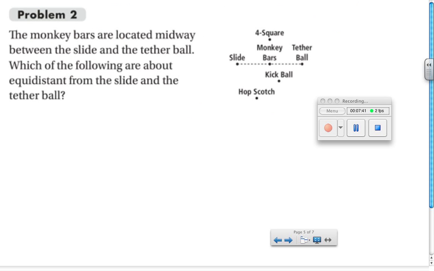Okay, in problem 2, kind of a real-world application, we're asked which attraction at the playground is equidistant from the slide and the tether ball.